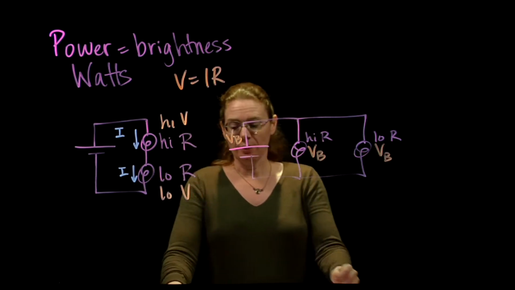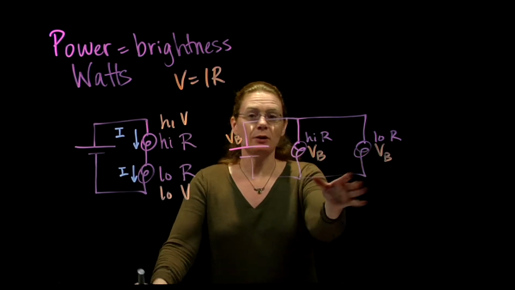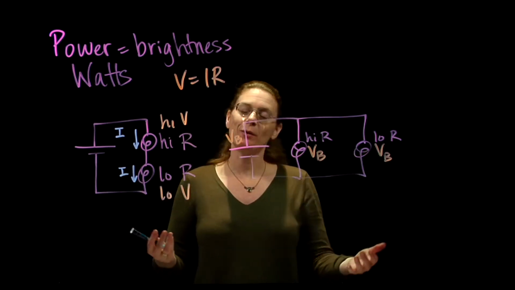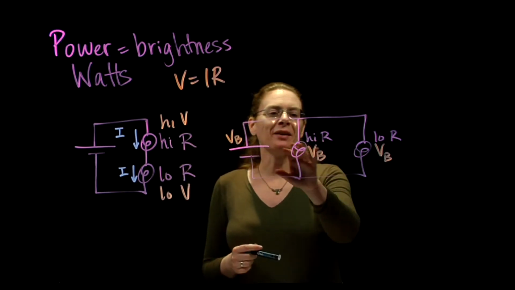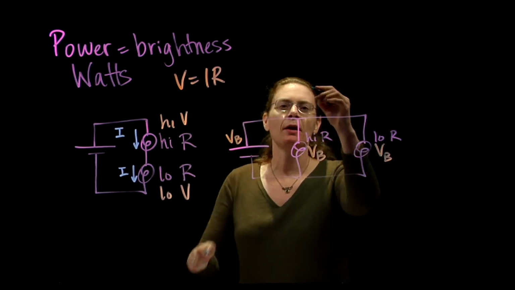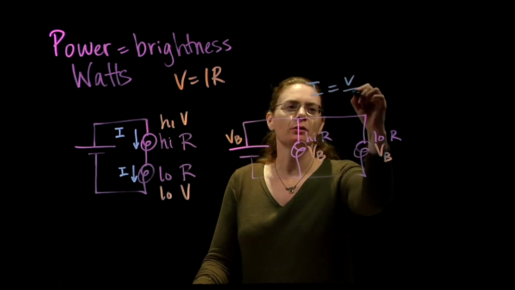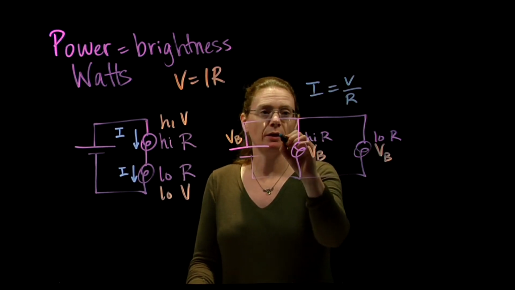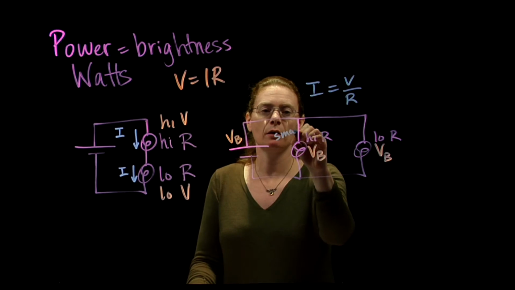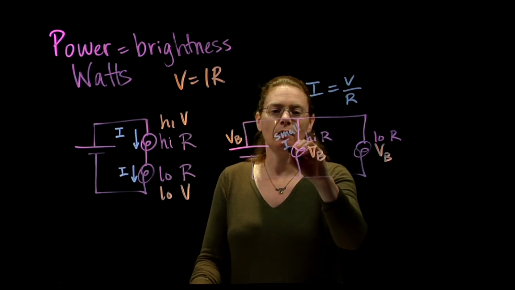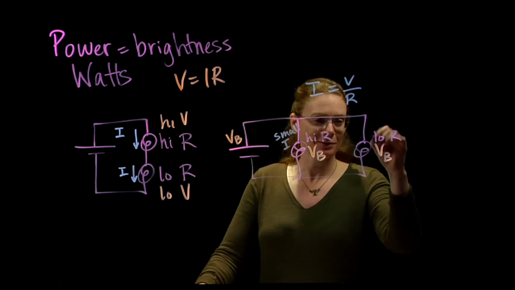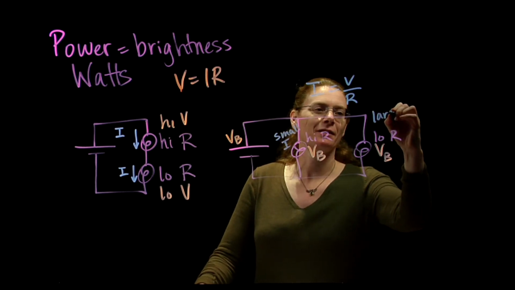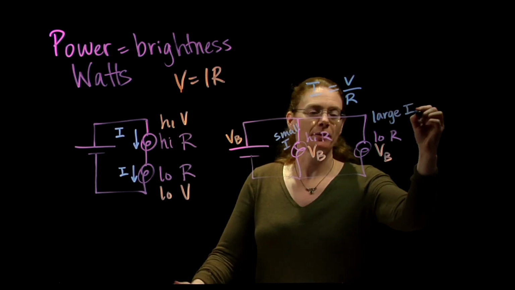And now with this, if they have the same voltage, are they the same brightness? Well, no, because they have different currents. So here, if the voltage is the same, current is voltage divided by resistance. So voltage divided by a large number means a small current, and voltage divided by a small number is a large current. So that's if you think about it mathematically.